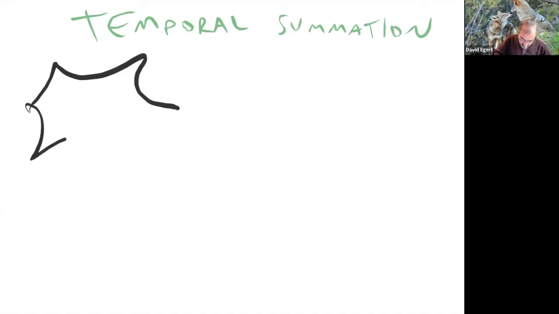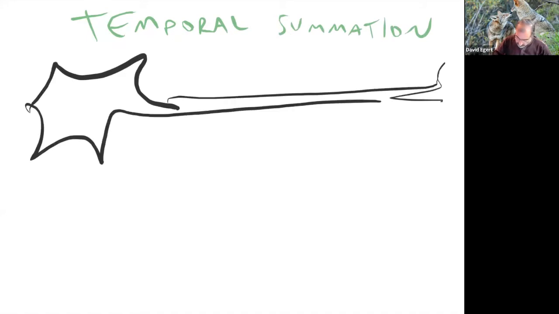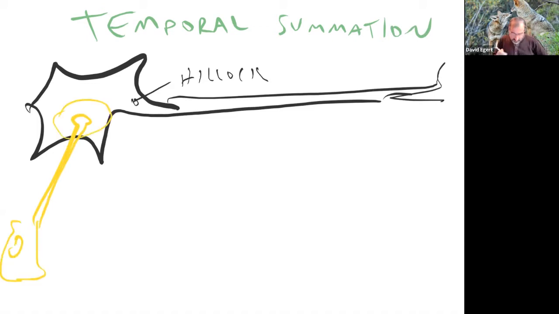Again, I'm going to draw my picture, some neuron, some hillock. And again, there's some other neuron that's talking to it. But at this point, for temporal summation, we only have to think about one other neuron that's talking.